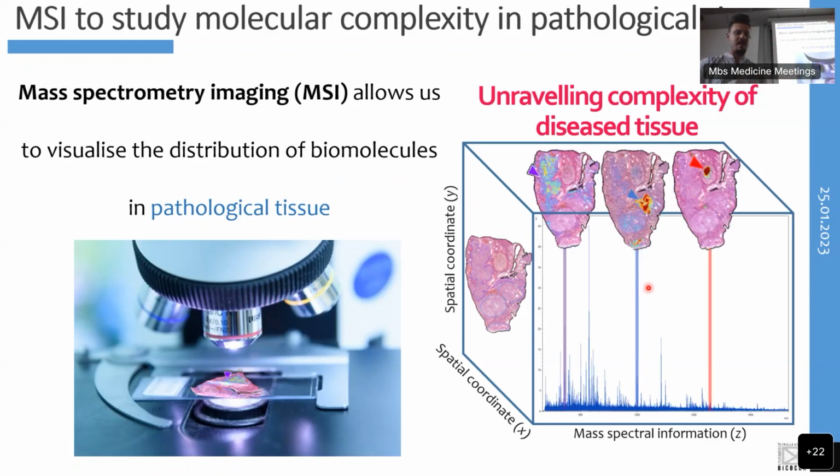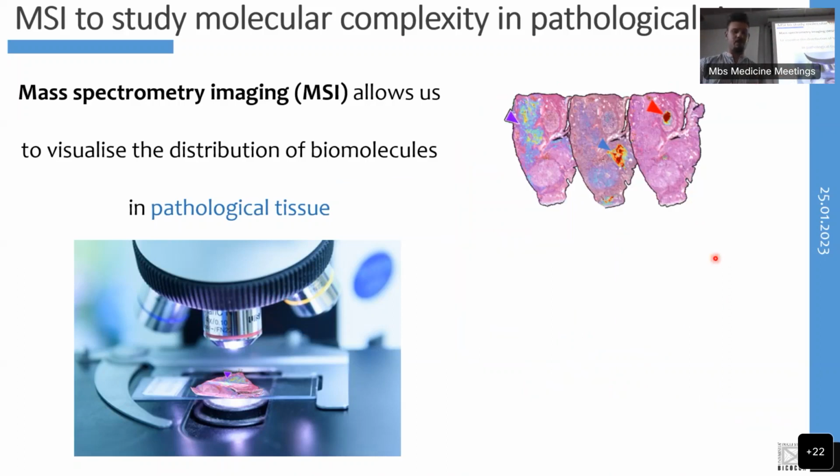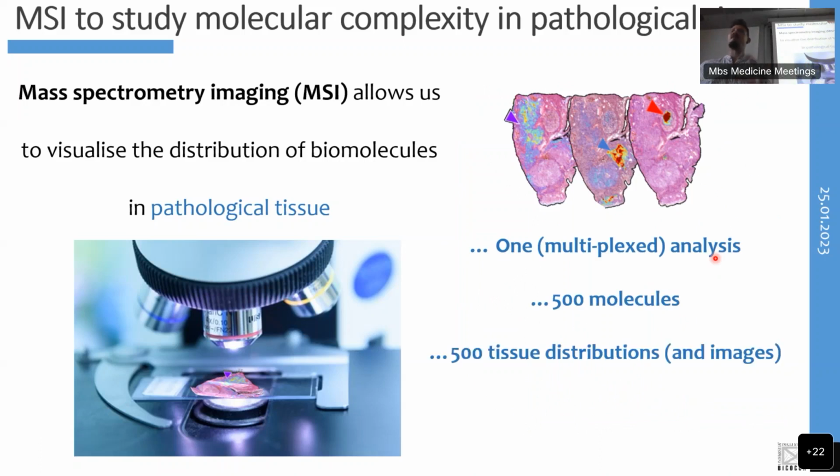And this mass spectrum represents the presence and the relative abundance of a biological molecule. So in one highly multiplexed analysis, we can generate upwards of 500 molecules, which means we have 500 tissue distributions or 500 different pieces to the jigsaw that we need to construct what's happening under that pathology so that we can try and get to the root cause.